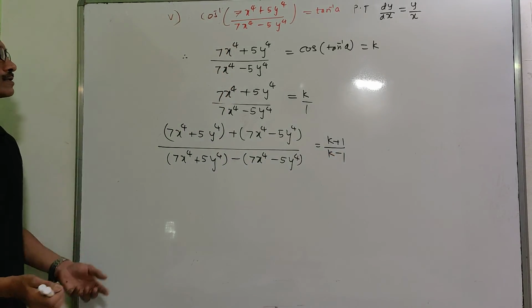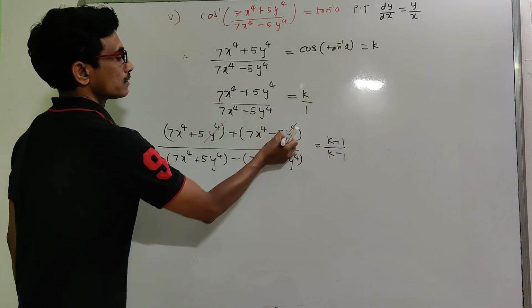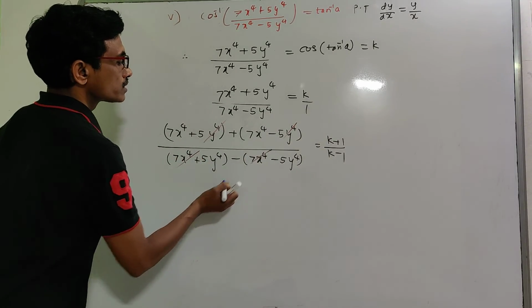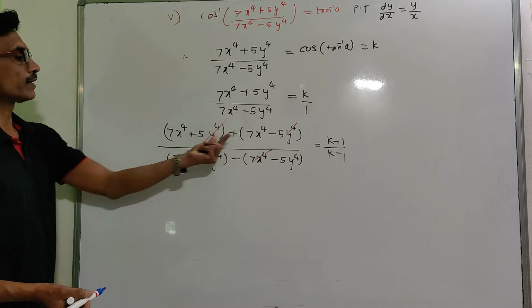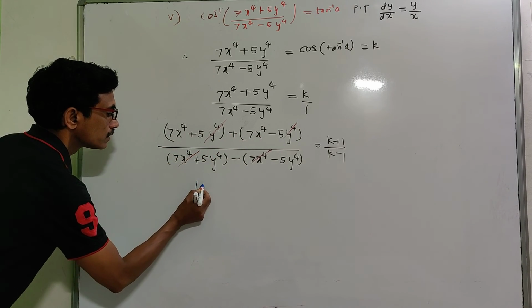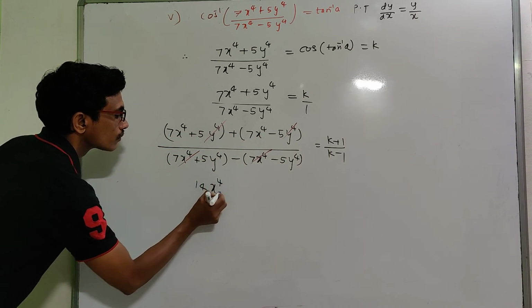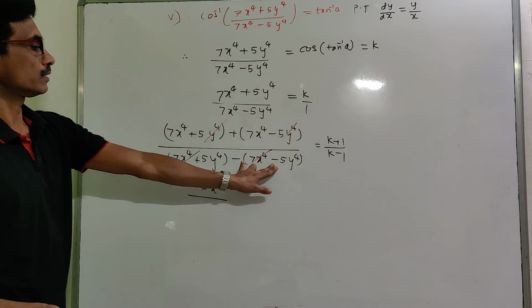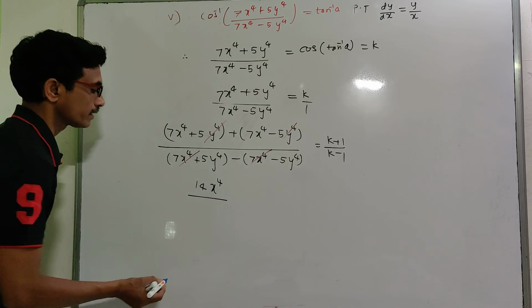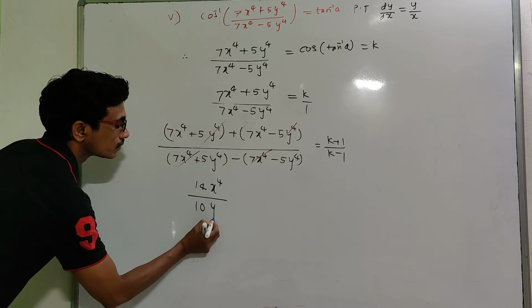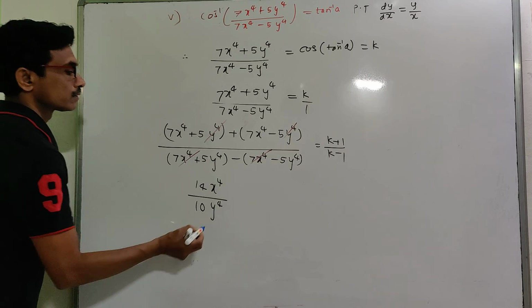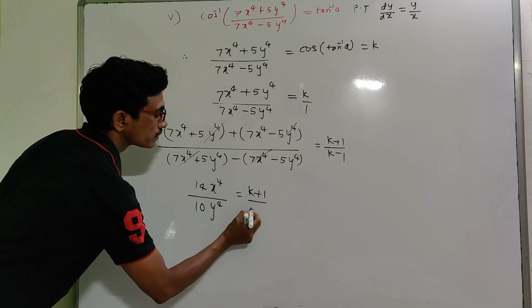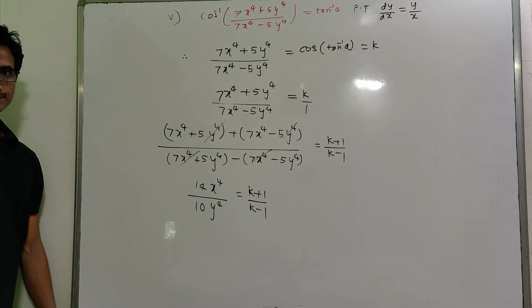So what we can cancel here: this 5y to the power 4 and 7x to the power 4 are getting cancelled. 7 and 7 is 14x to the power 4, and the denominator is minus of minus, so it will be 10y to the power 4. Right hand side is k plus 1 upon k minus 1.